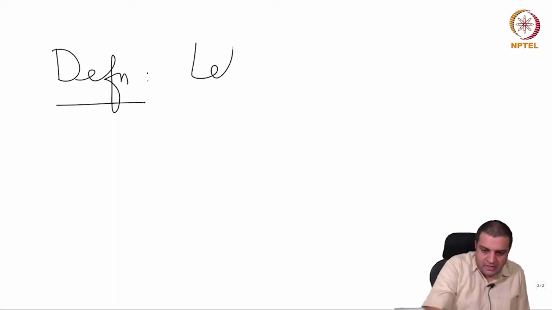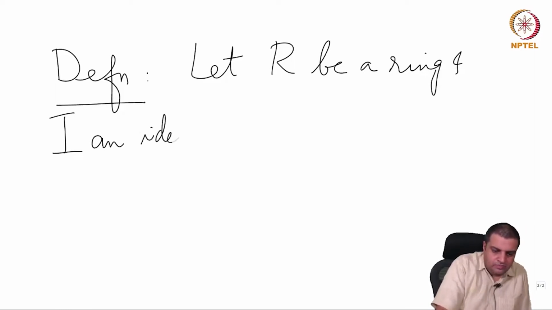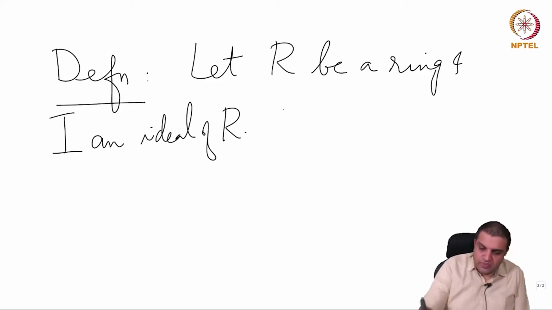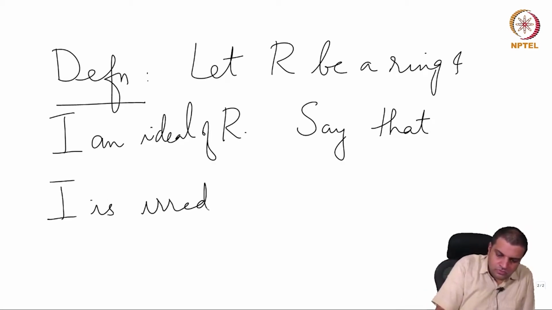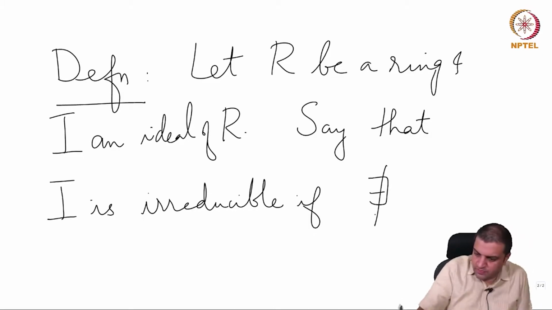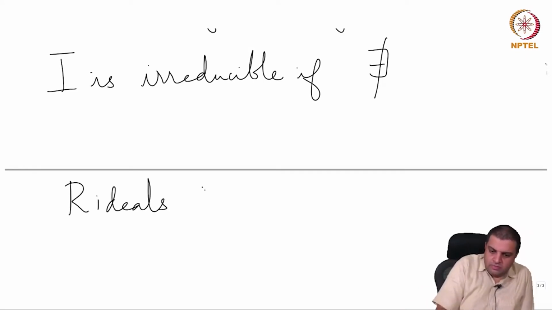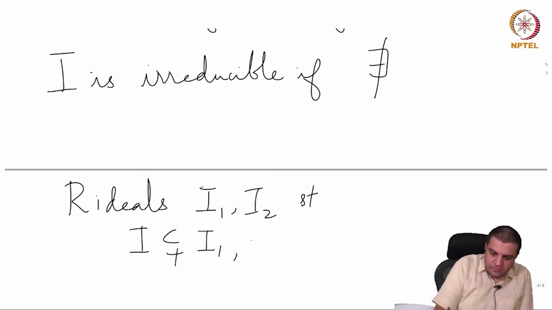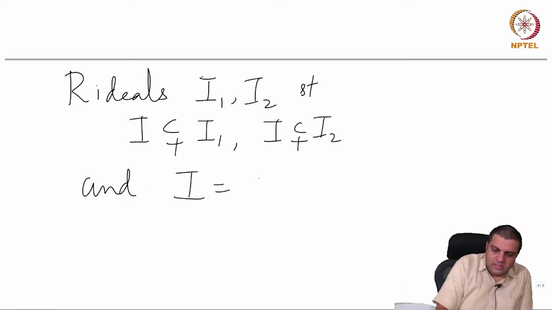Okay, so let R be a ring and I an ideal. Say that I is irreducible if there do not exist ideals I1 and I2 such that I is a proper subset of I1, I is a proper subset of I2, and I is the intersection of these two.